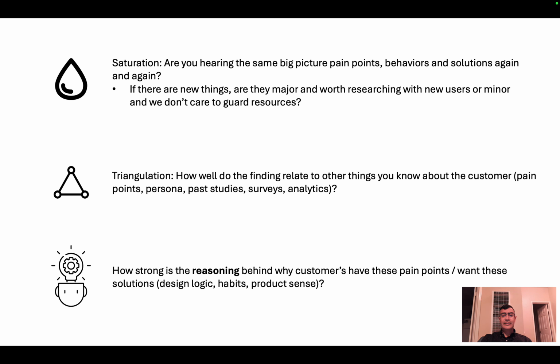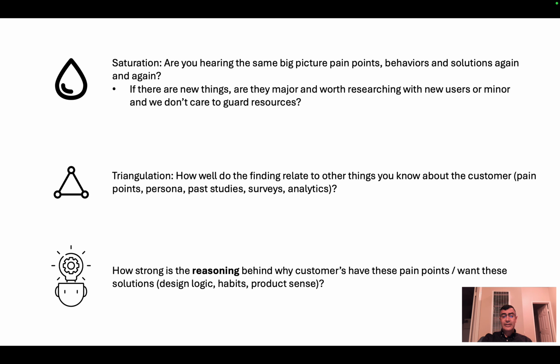Last, but certainly not the least important, is how strong is the reasoning behind why customers have these pain points or want these solutions. Things like design logic, their habits, and your product sense. We also have to look at the why behind what customers say they want, or hear birds are tweeting what they want. Going back to triangulation, if you know a big point for birds in general is being fed very close in time to when they are the most hungry, and there are strong physiological reasons for this, does it make a lot of sense that they would rank this as their top pain point?